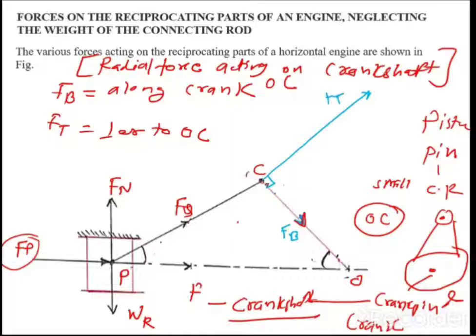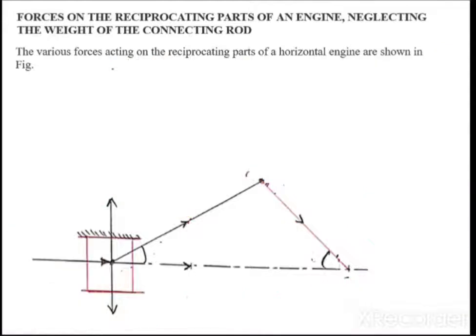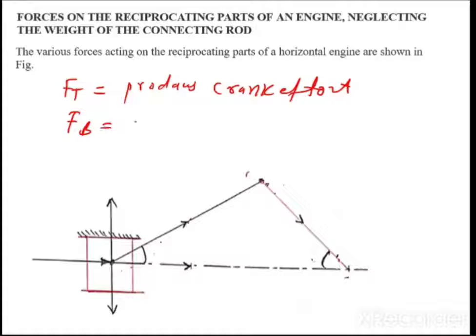Now, as I said earlier, what does this Ft do? Ft produces crank pin effort, and this Fb produces a side thrust, or you can call it a thrust.